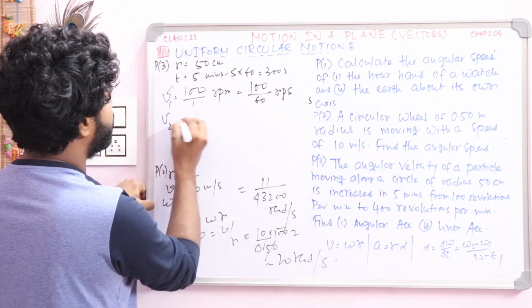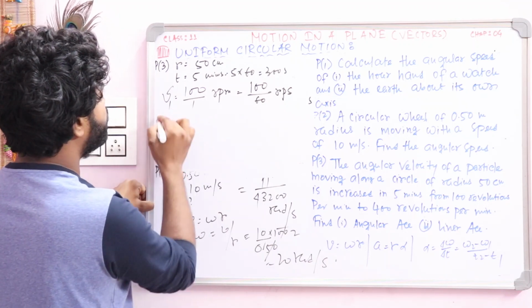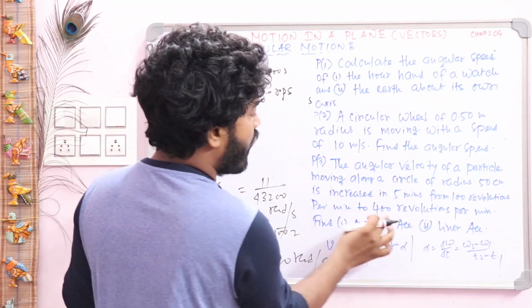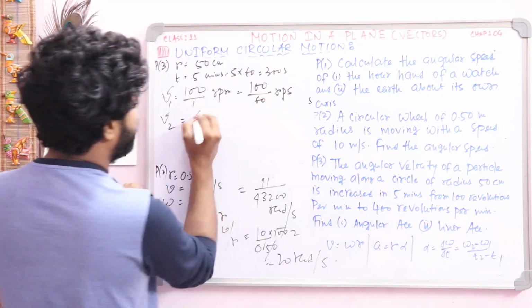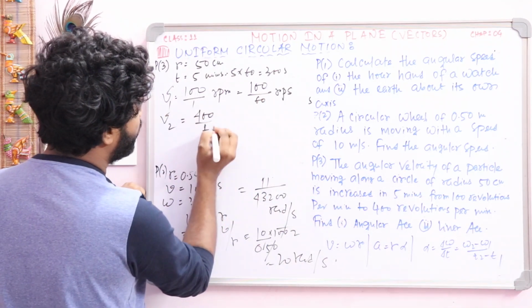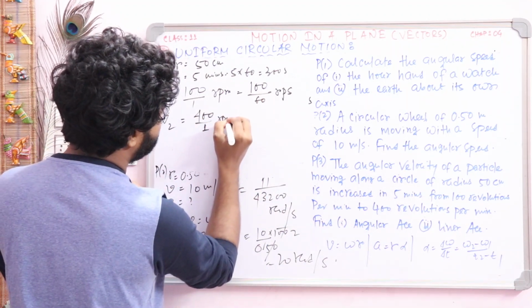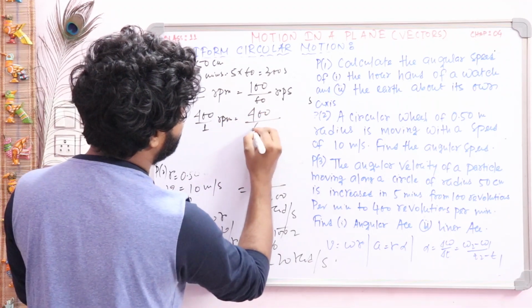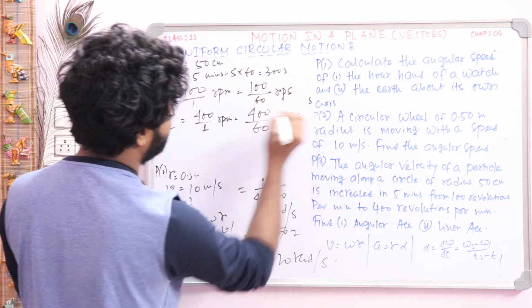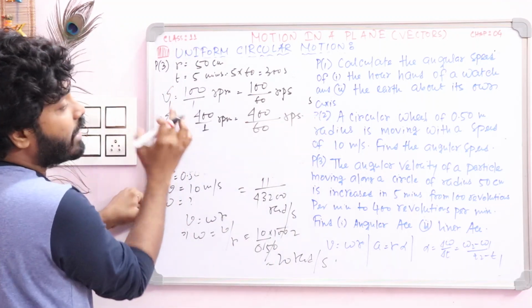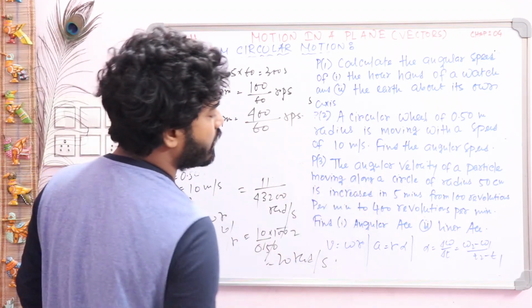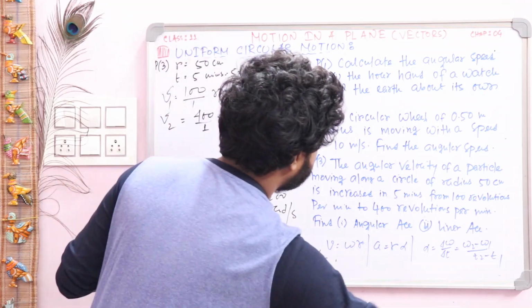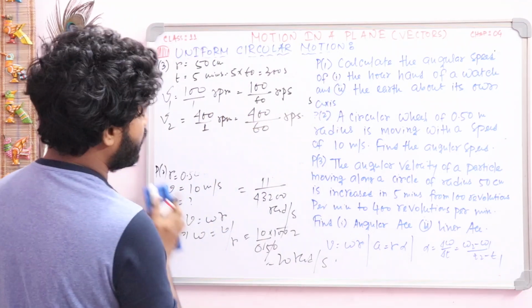And our second value, nu 2, given is 400 revolution per minute, that is 400 divided by 1 minute. Now you convert it to revolution per second, that is 400 divided by 60 revolution per second. These values given nu 1 and nu 2, you have to remember, and then you have to find out the angular acceleration and the linear acceleration.